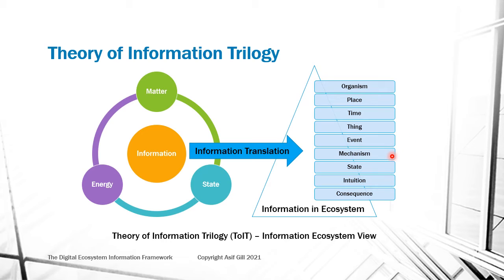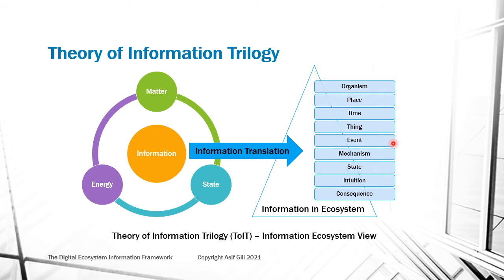Then there's a state of all these things: organisms, places, time. They could be at the beginning, the end, or the start of the meal. Then there are intuitions, which are about satisfaction. Are they happy or sad? That's also information. And there are consequences. Are they full now? Are they energized? Can they do more work? Because information we eat also provides us energy to perform other tasks.